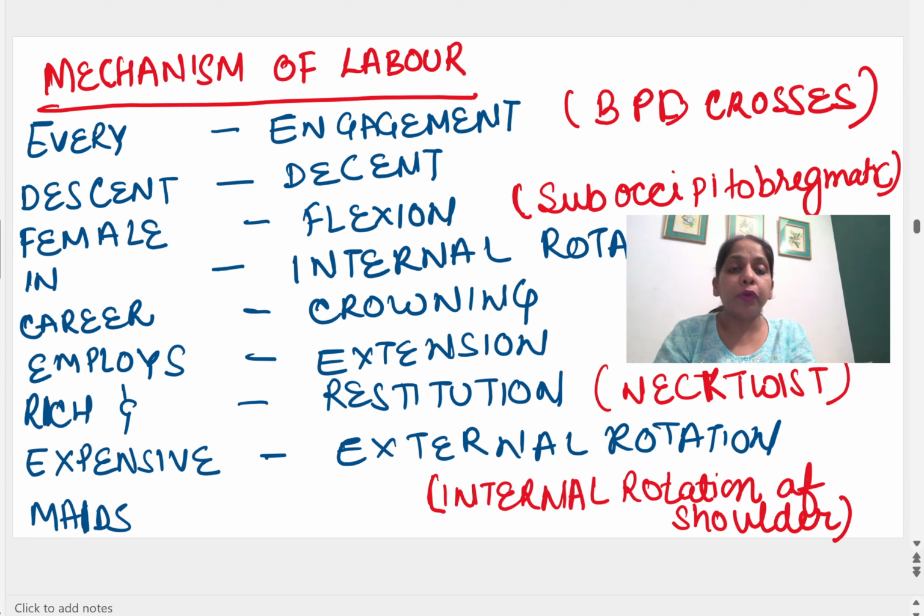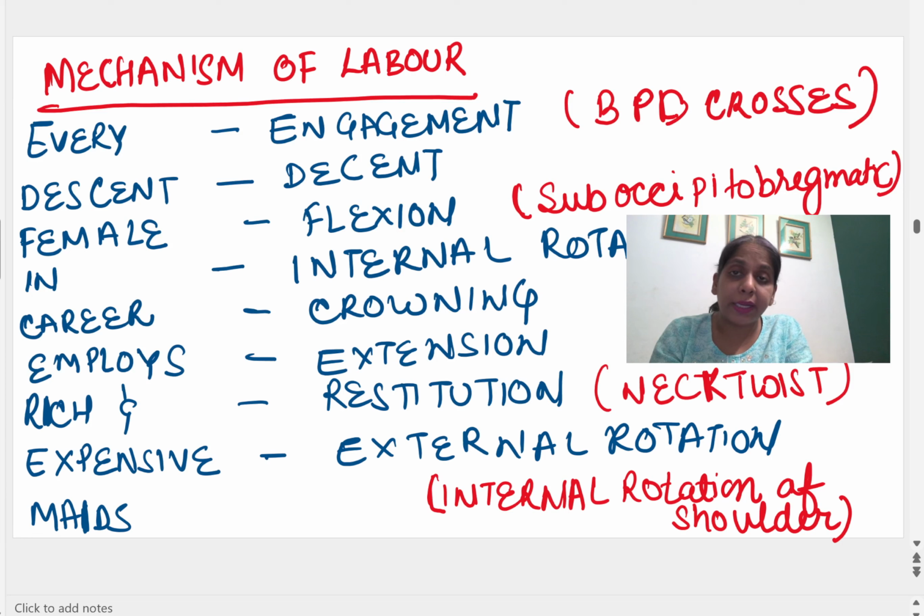Now how will you remember all these names in the series? We need a mnemonic, right? Every decent female in career employs rich and expensive maids.